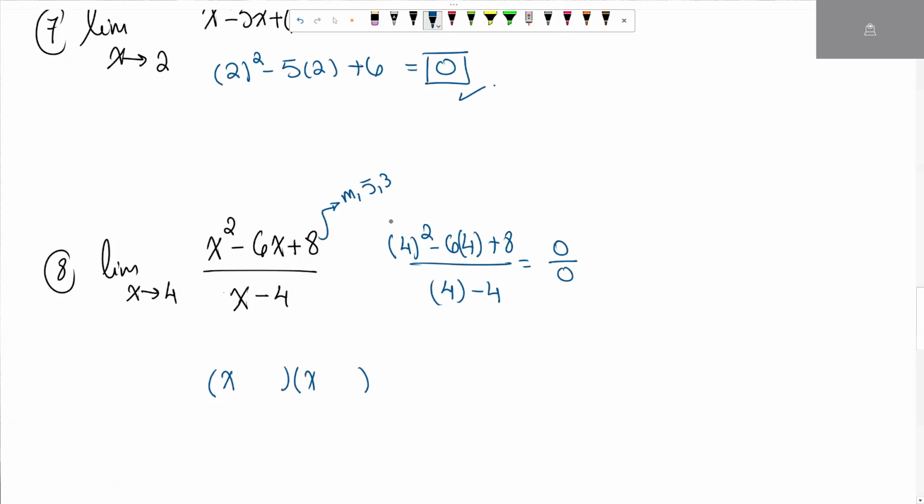So that would get me x minus 4 and x minus 2. All of this is still divided by the x minus 4 because these are the same. I can cross them out, and once you cross things out up and down, you then substitute the x again with 4, and 4 minus 2 will give you the answer as 2.